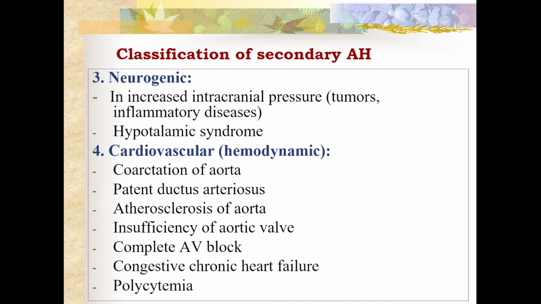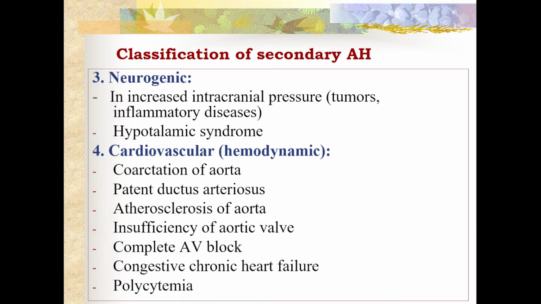Insufficiency of aortic valve, aortic regurgitation, one of the diagnostic criteria of aortic regurgitation, high pulse pressure, high systolic and low diastolic pressure. Complete AV block can cause arterial hypertension.